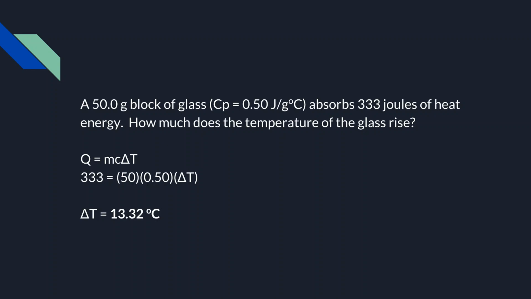So that means when the 50 gram block of glass is heated with 333 joules of heat energy, the temperature of the glass will increase by 13.32 degrees Celsius.